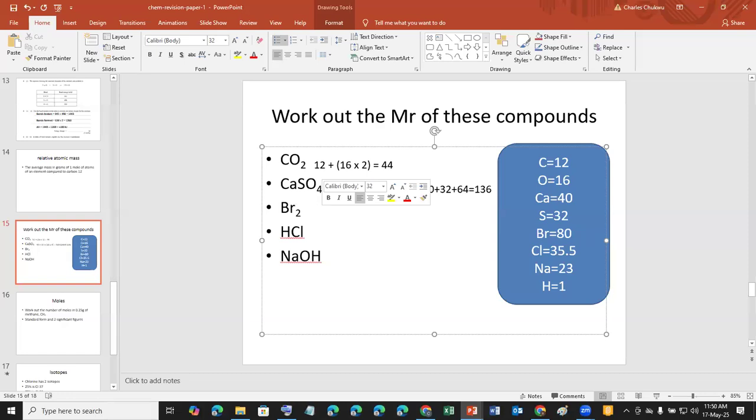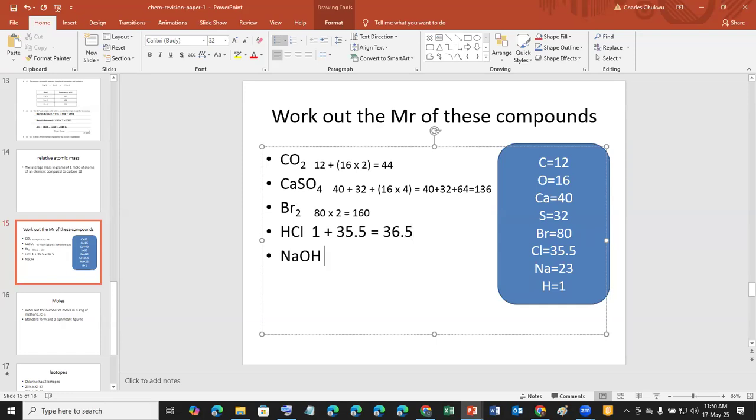Okay, for bromine, Br is 80. Since it's only bromine that's there, it's just 80 times 2, which will give us 160. Hydrogen chloride: hydrogen has atomic mass 1, and there's only 1. Chlorine is 35.5. That's how we got 36.5 back there.